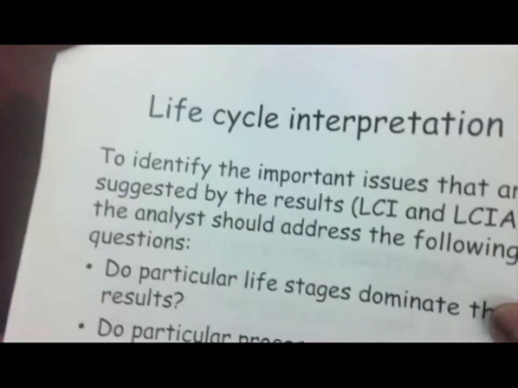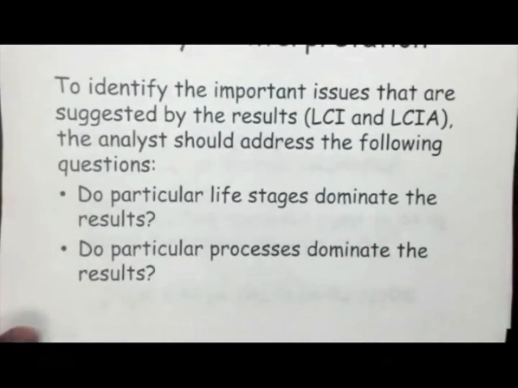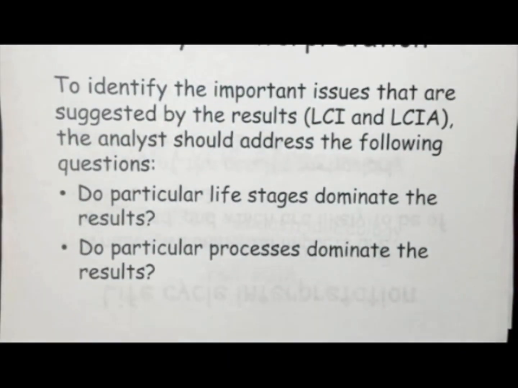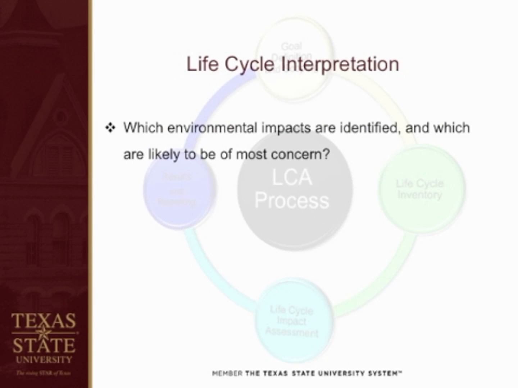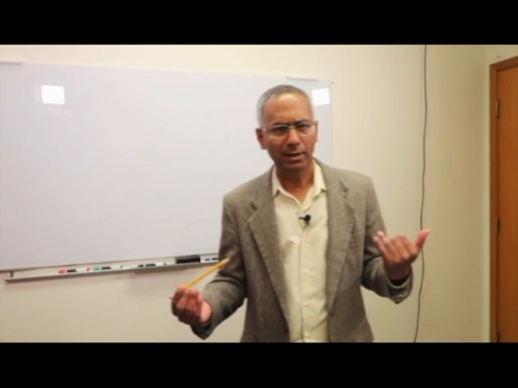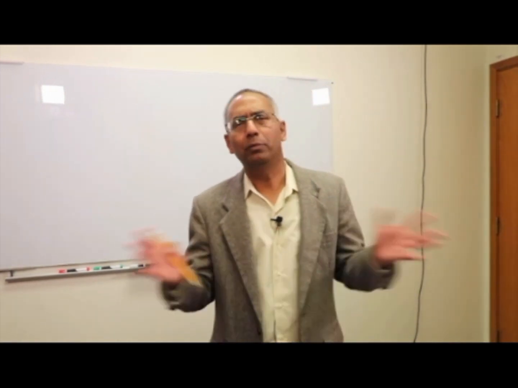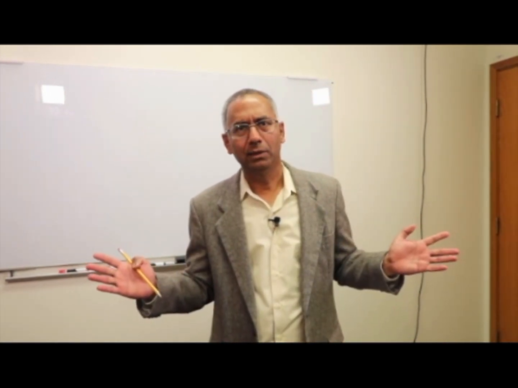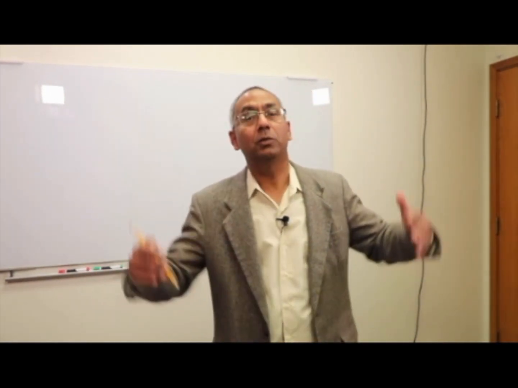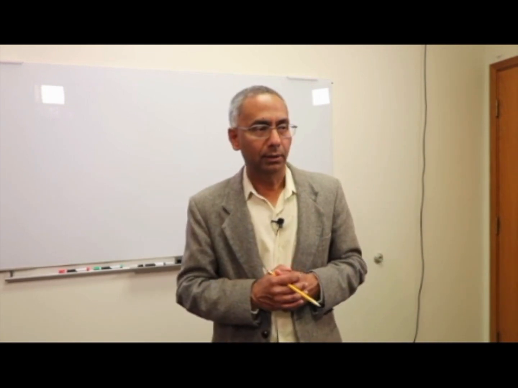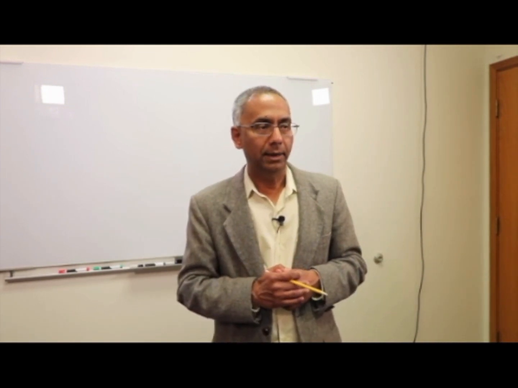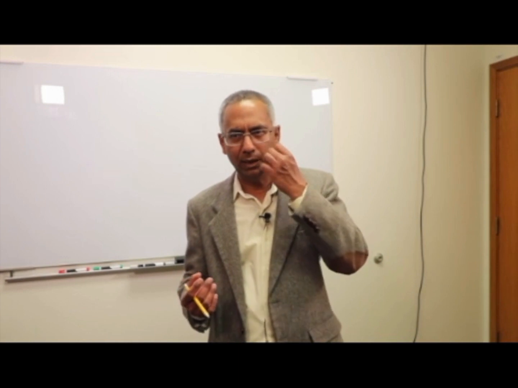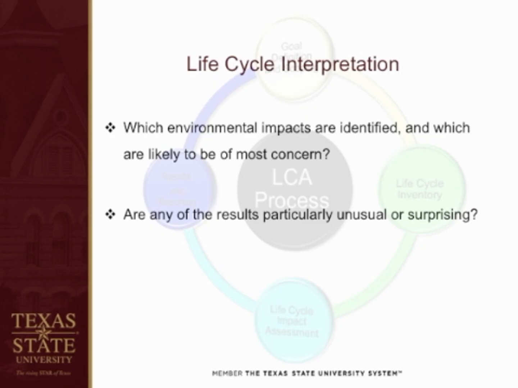So we can answer these questions about which particular life stage dominates or which particular process dominates, and which environmental impacts are identified. Maybe for a particular process, eutrophication is not a concern. Global warming is not a concern, but acidification is a big deal, right? And we're also looking to see, well, did we come across not so expected or unusual results?